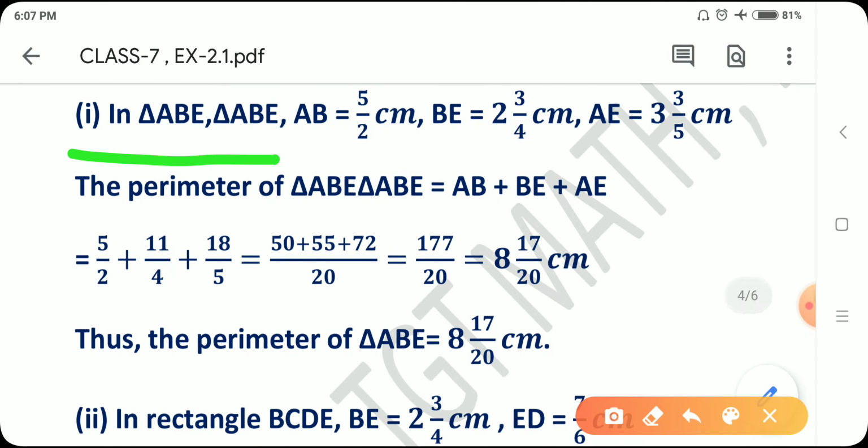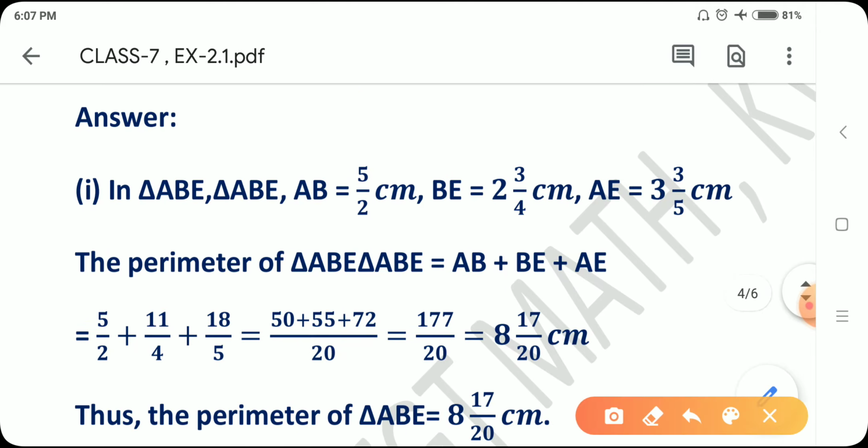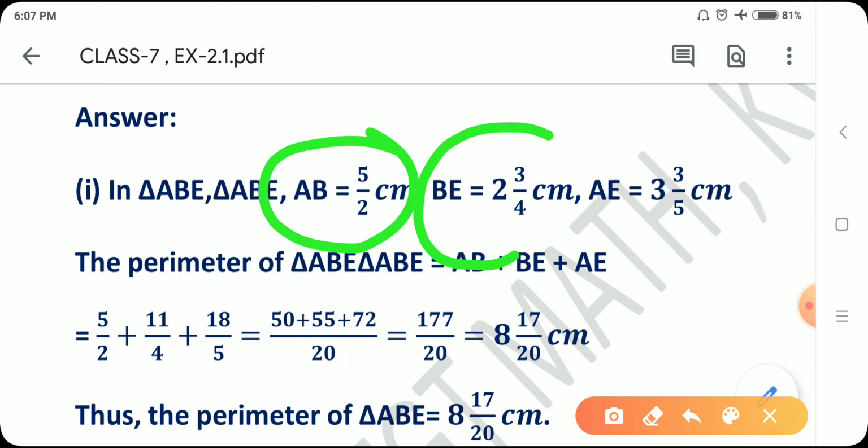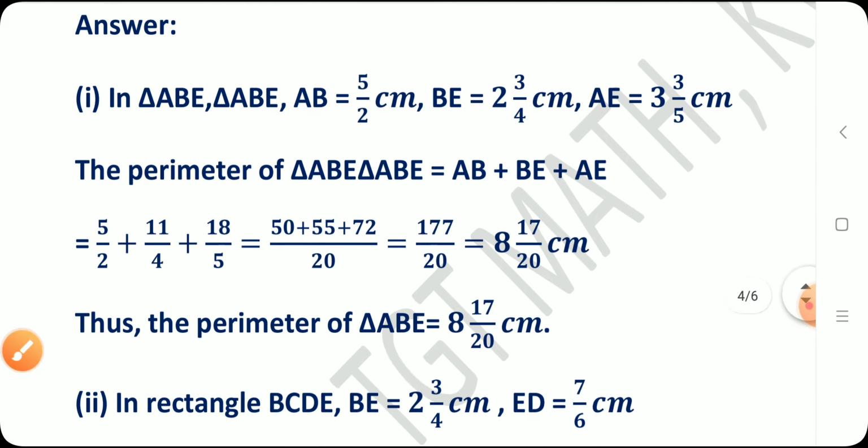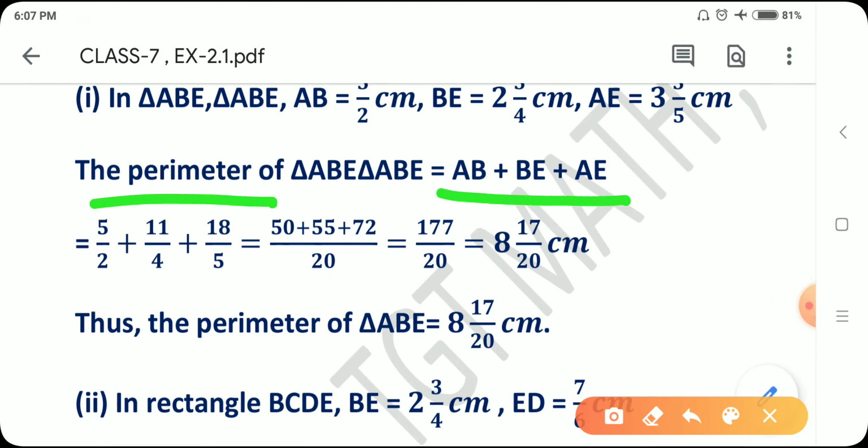First of all, write in triangle ABE, the length of AB is 5 by 2, BE is 2 3 by 4, AE is 3 by 5 centimeter. So how will you find perimeter? You will add these three.